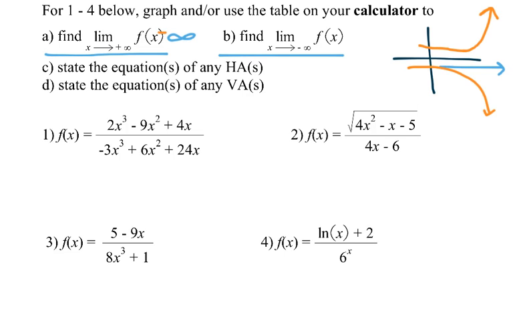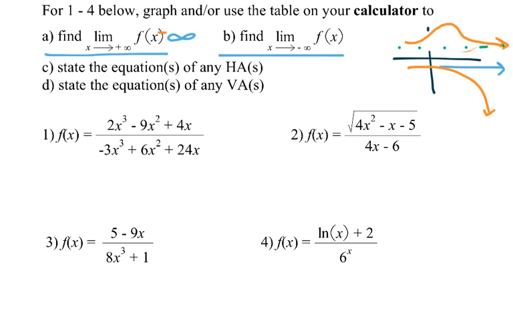And then the third case is the horizontal asymptote case. So the other option is that a function might approach some value. So as we go toward infinity, maybe we're approaching y equals 3 or y equals 2.